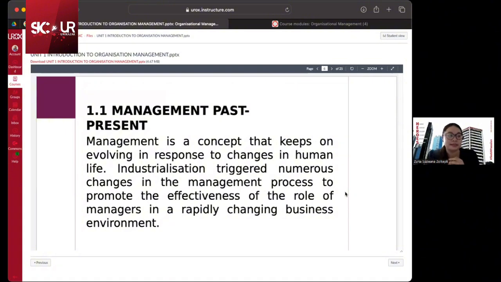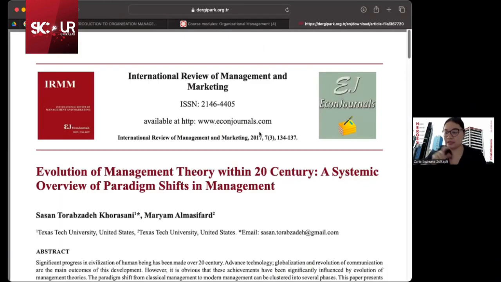This management is actually a process. So I wanted to share with you something. I have uploaded it in your UROX as well, but let's take a look at this. The definition of management. I'm not going to read everything here, I'm going to summarize. I have put this journal article in your UROX, so you can read it later.